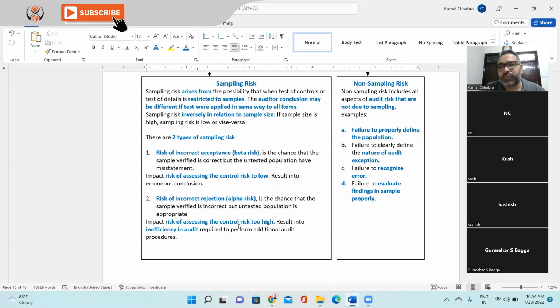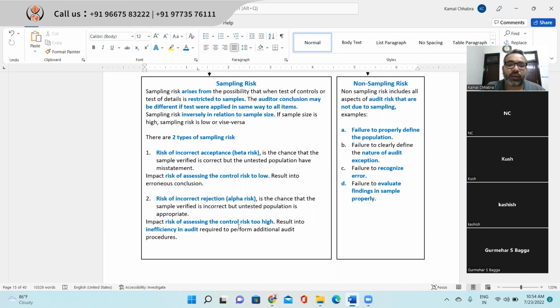So in that scenario, the rest of the population is okay, and it was unfortunate for the company that the sample you selected had major mistakes, right? In that scenario, there is a chance that the sample verified is incorrect, but the untested population is appropriate. That means you are incorrectly rejecting the right population and testing more samples in your test of detail.